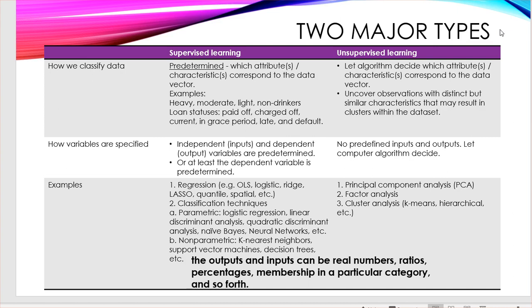When we use any kind of regression, I'm sure you realize we always pre-specify the dependent and independent variables.